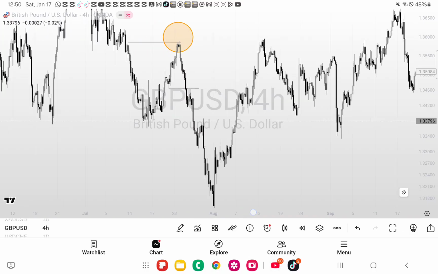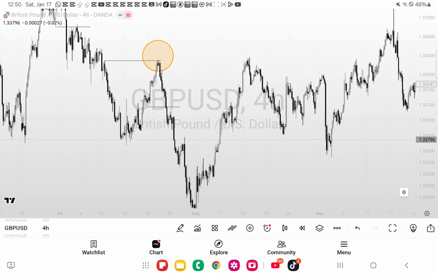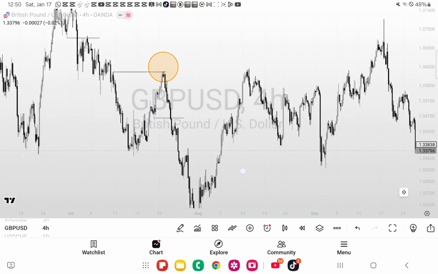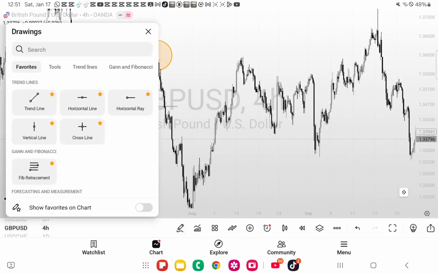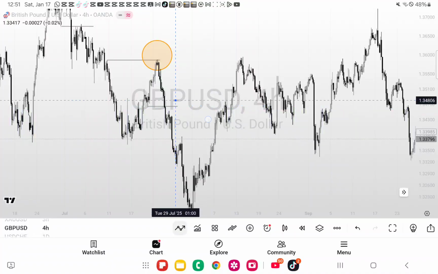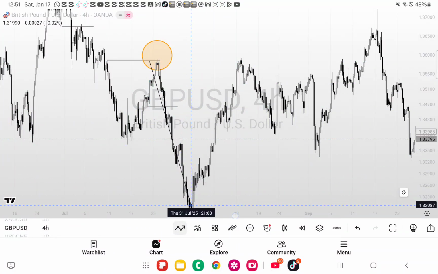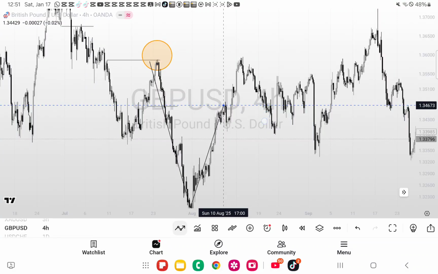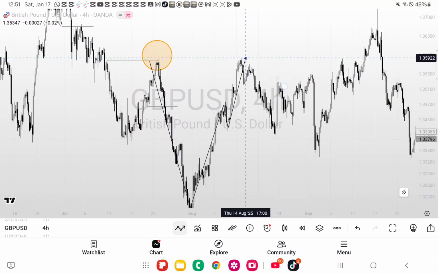So price is dropping to the downside, and later on there is a retracement. We have this minor change of character on this low, and price is pushing to the upside.